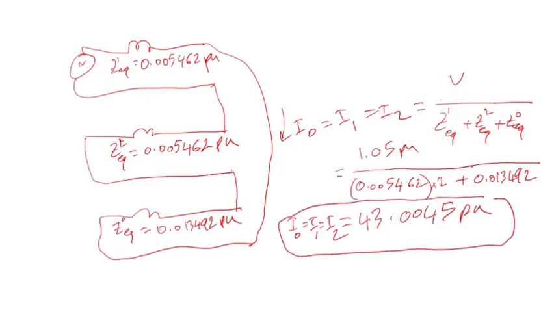You can see how I started from a system, how I drew the sequence networks, and how I calculated the equivalent impedances and currents. Once you go through it, it's simple, but the first time you look at it, it appears overwhelming or complicated. Now I have I0.